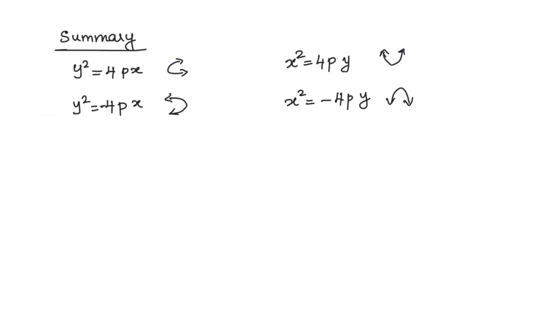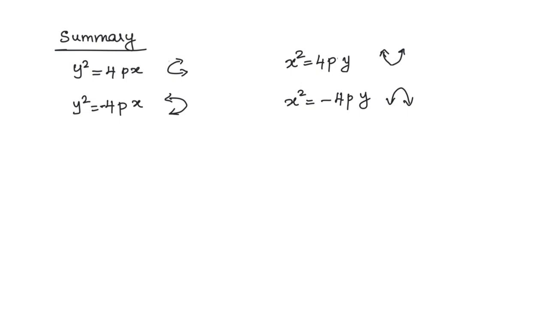In this section, you learned the equation of the parabola with vertex at 0, 0. If the equation starts with y squared, it could be a parabola opening right or left. If the equation has a negative sign, it will open left. If the equation starts with x squared, that means it will be a parabola opening up or down. If it has a negative sign, it will open downwards.